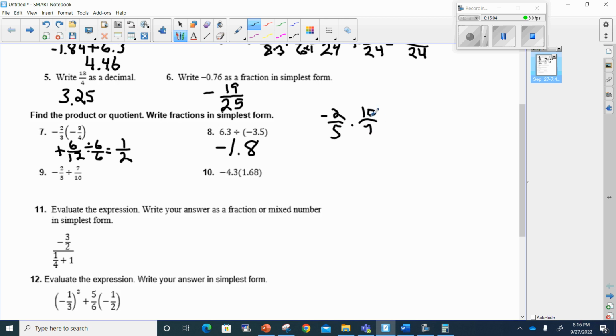I know 5 and 10 are divisible by 5. 5 divided by 5 is 1. 10 divided by 5 is 2. Negative 2 times 2 is negative 4. And let's see, 1 times 7 is 7. So this is going to turn into negative 4 over 7.